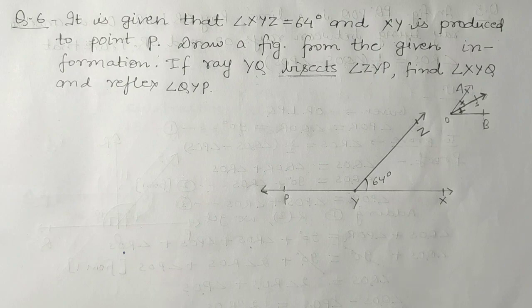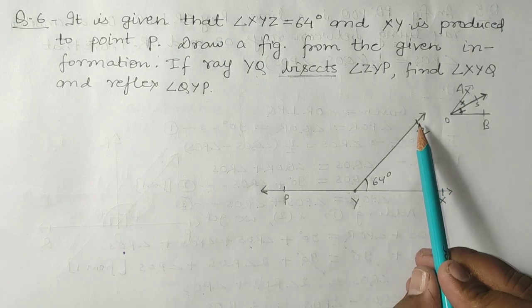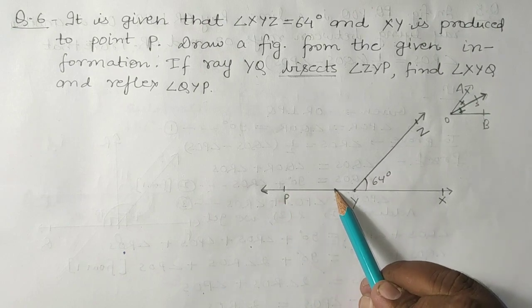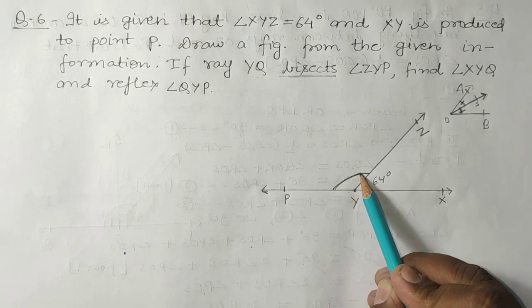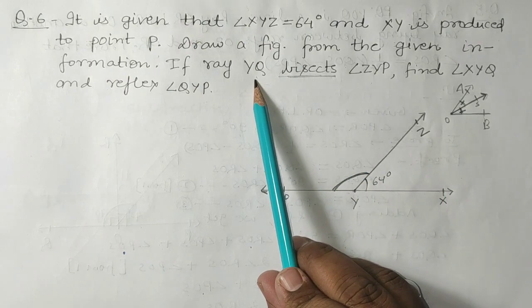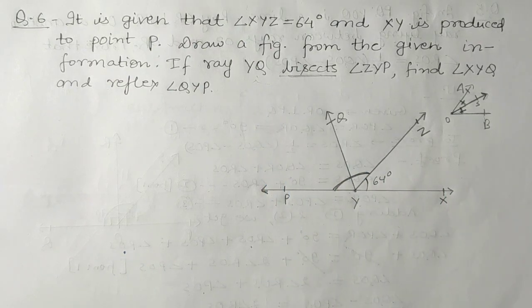Bisecting means this angle and this angle will be equal to each other. So here in this question it is given that ray YQ is bisecting angle ZYP. So firstly let us see angle ZYP. Angle ZYP means this angle. This angle is bisected by ray YQ like this.